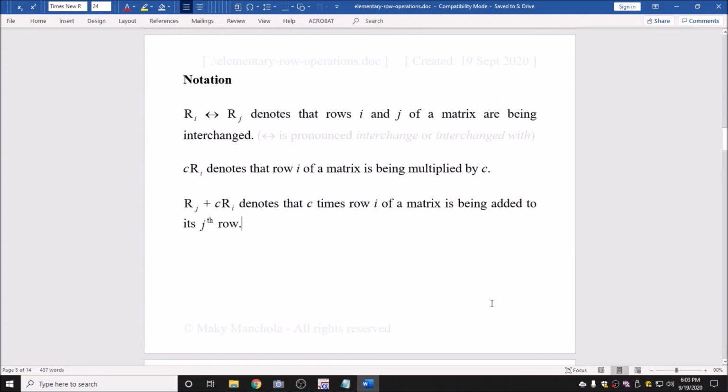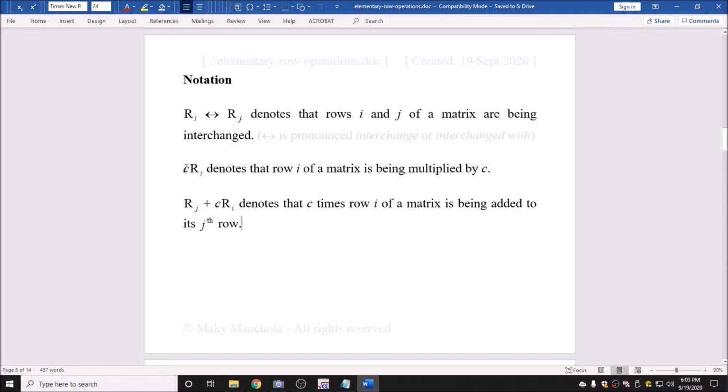Okay, so let's summarize our notation. When we write Ri interchange Rj, or you could say Ri interchange with Rj, that denotes that rows i and j of a matrix are being interchanged.